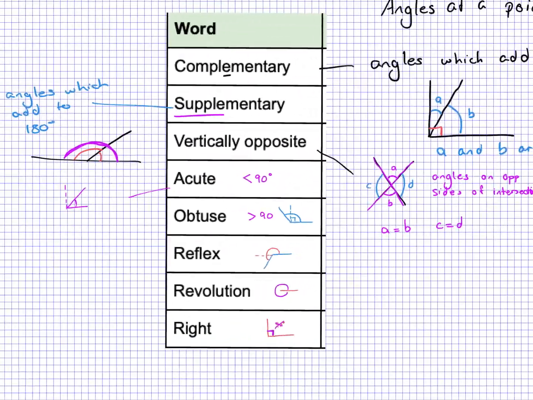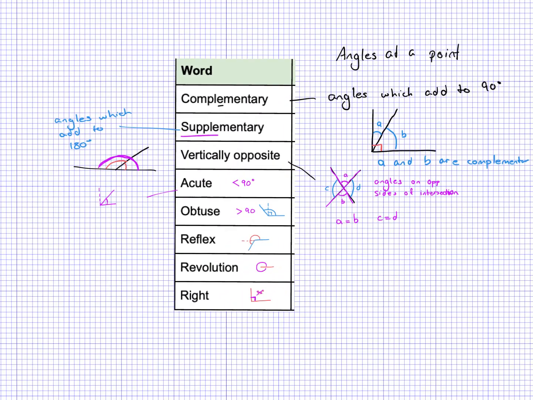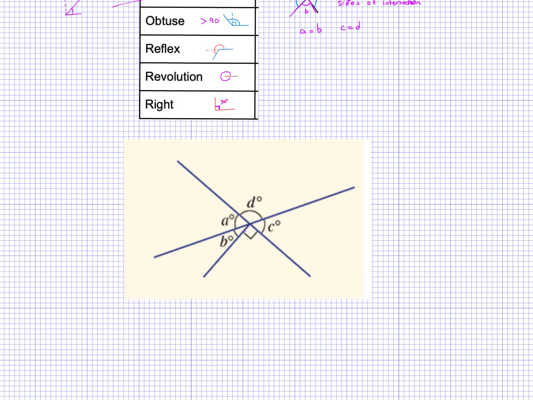So those are this week's vocabulary words. I'm going to show you some problems we can do with them. In this one here, we can use our vocabulary words to calculate missing angles based off what we know of the properties. We can see that there is a straight line here, and it has a 90-degree angle there, which is the square one.